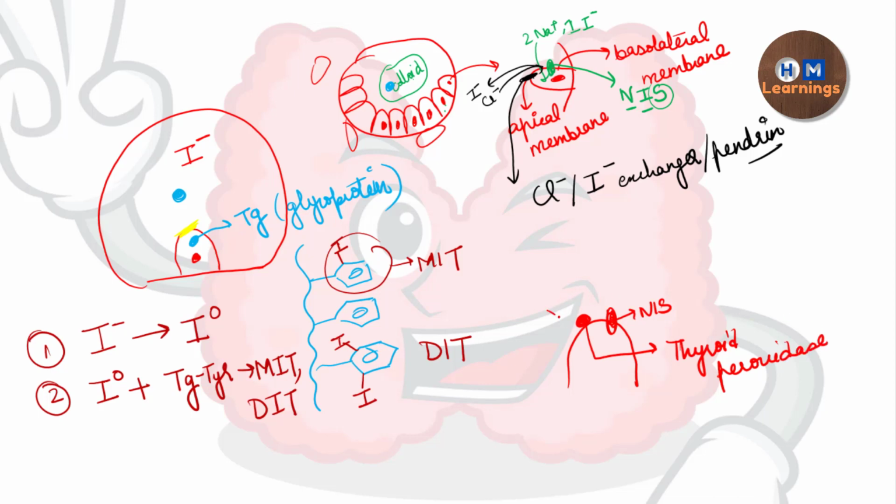Now what does this thyroid peroxidase do? It is converting the iodide to iodine, and it involves the presence of H2O2, because H2O2 is the oxidizing agent.